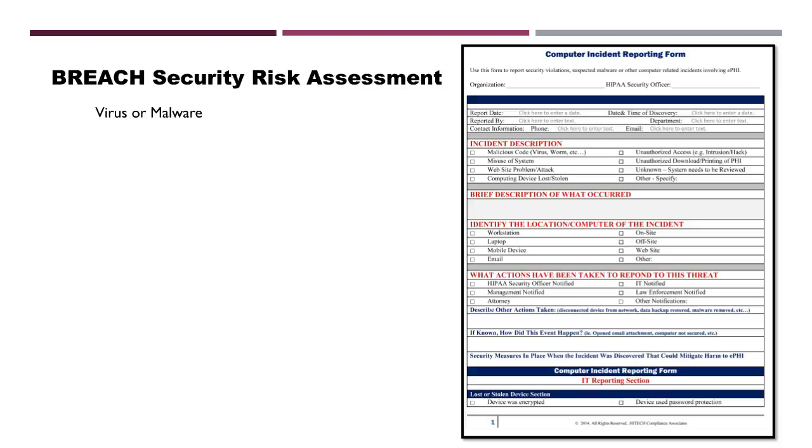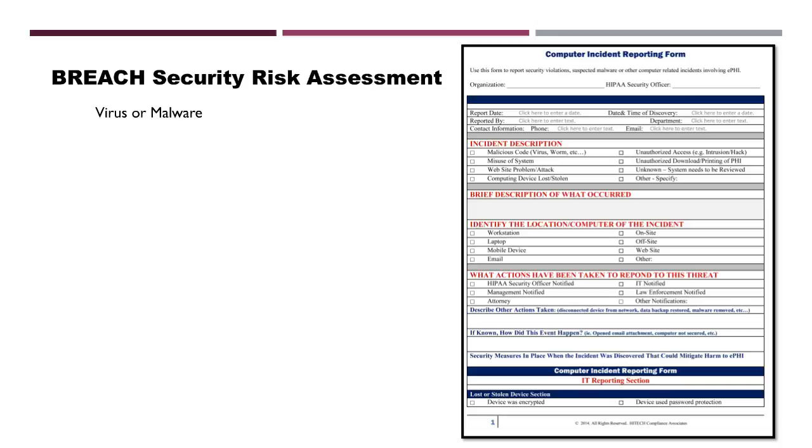If the breach or suspected breach was a virus or other malware, then the breach security computer incident reporting form needs to be filled out. To determine the extent of the breach or that no breach occurred, we must detect what type of virus or malware was infected and what that malware can do.